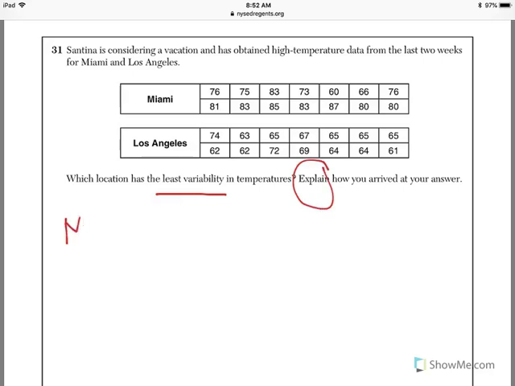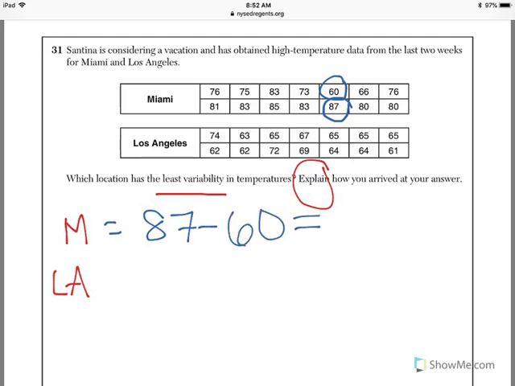So if we compare the two, Miami versus LA, and we look at the highest and the lowest temperatures between each place, Miami has a high temperature of 87 and a low temperature of 60. So if we figure out the range of temperatures, and we go from 87 down to 60 and we subtract, we're going to have a range of 27 degrees.